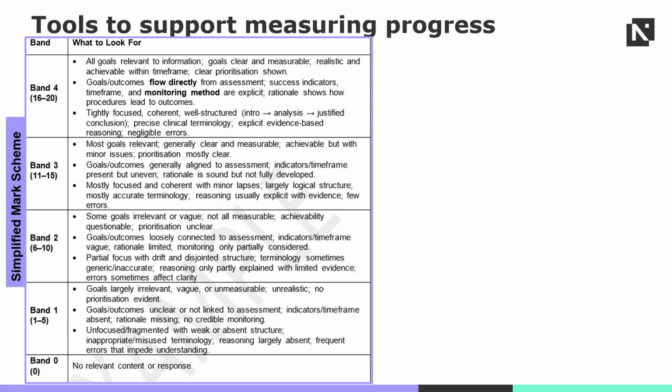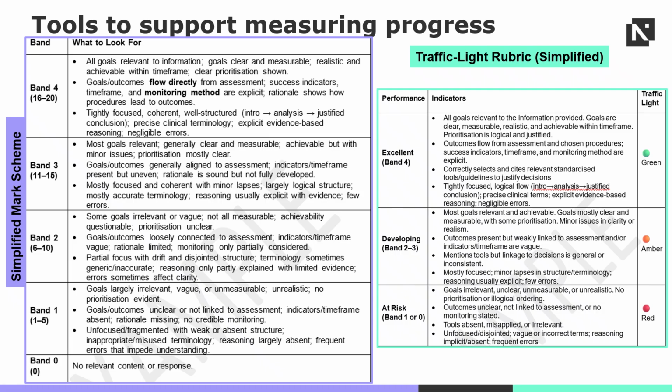Again, we have this then brought down into a traffic lights rubric system that mirrors that top row, with the relevance of information, measurable wording within a time frame, so that's your green, band 4.